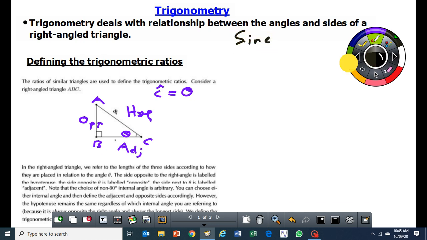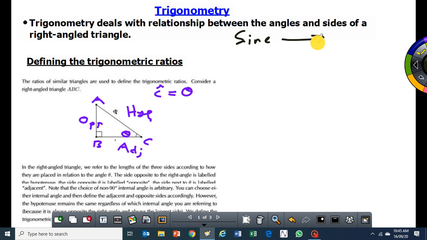When you write it as a shortcut, it becomes sin. On your calculator, it's written as S-I-N, and that's the most common notation used for sine. Sine is defined as the opposite side divided by the hypotenuse. Don't worry, I'm going to write it down. The ratio of the opposite side over the hypotenuse is called sine.